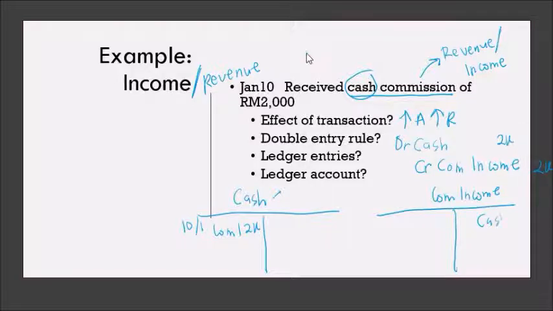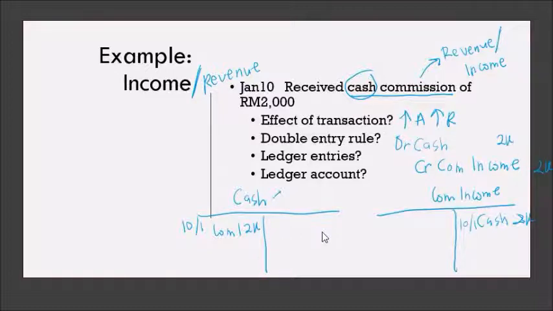Right, okay, cash 2k, 10 of Jan. Okay, see, so when people look at your ledger account, they can see that in commission income you received cash for the commission about 2k, and in the cash it increased due to commission income about 2k.